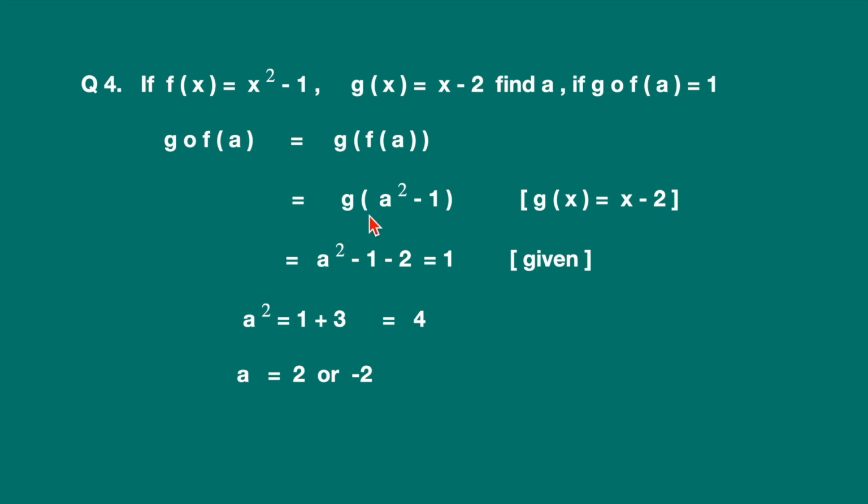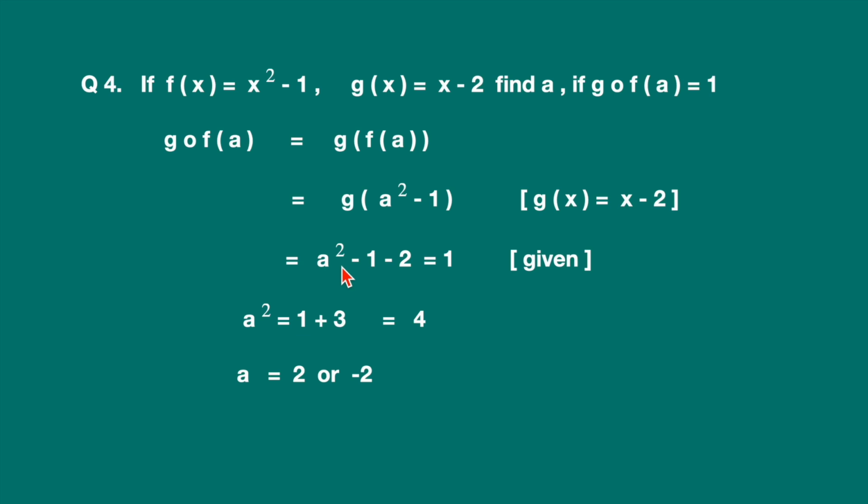Now we are going to find out g at a square minus 1. g at x is x minus 2. So here in place of x we are going to write down a square minus 1. So this is equal to a square minus 1 minus 2.